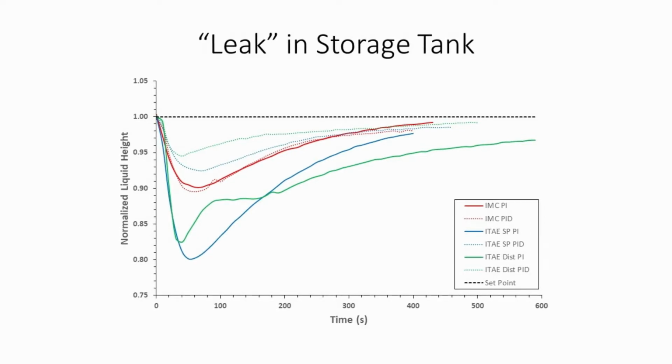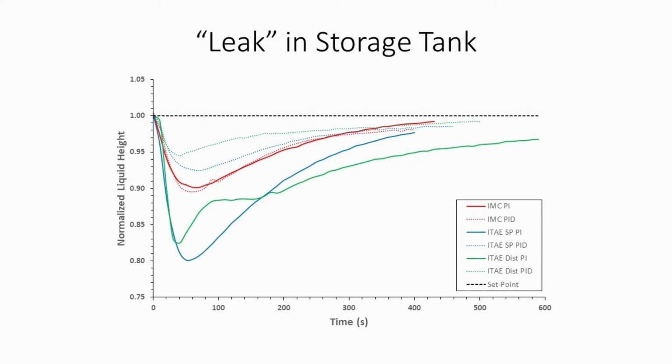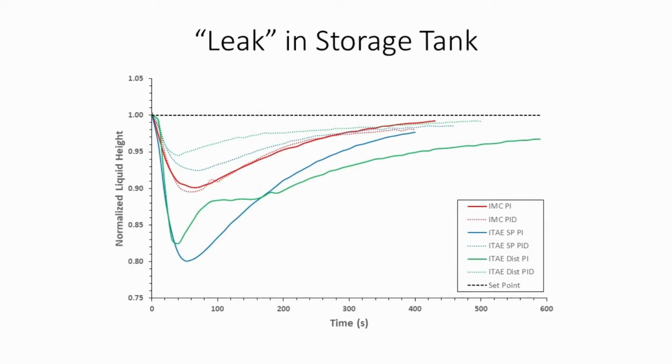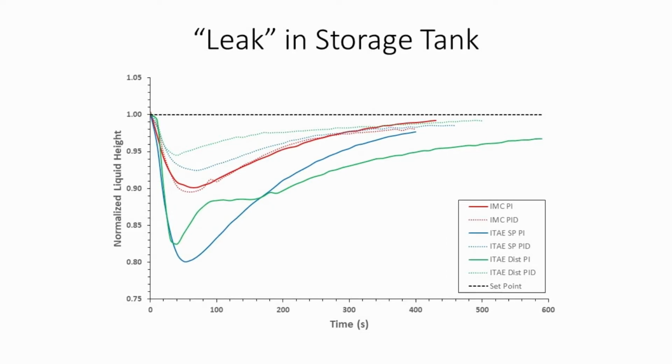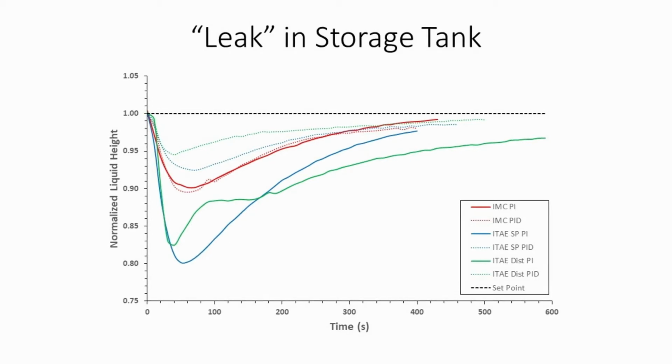Based on the figures shown, the controllers least equipped to handle the disturbance were both ITAE PI controllers. This is because they have a significantly higher overall deviation from the desired liquid level. The best response for the disturbance was the ITAE disturbance PID because it had the lowest deviation and a relatively low offset from the steady state.